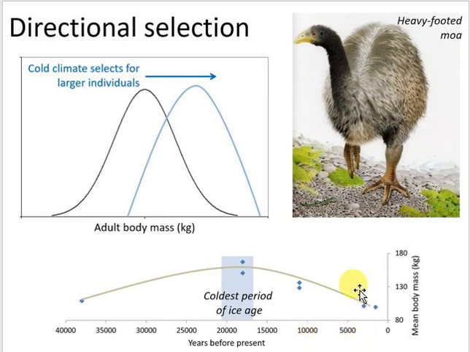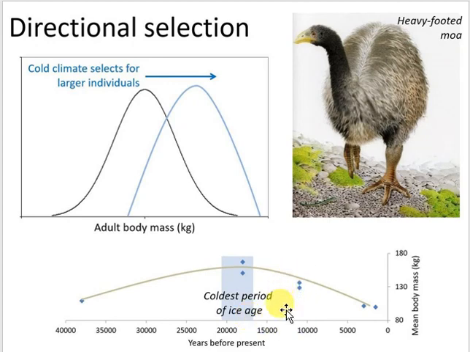And that was when New Zealand's climate was becoming relatively warmer. So during that cold period, you had an increase in body size because that was favored. Cold climate selected for larger individuals because they were more fit to survive in colder climates.